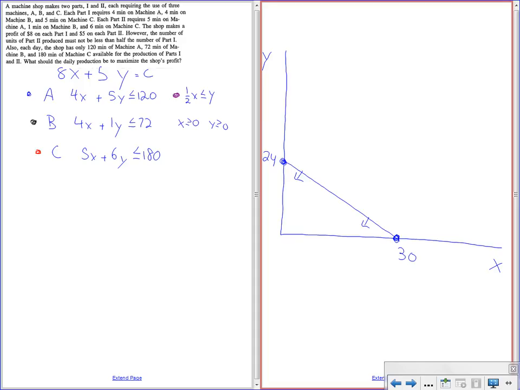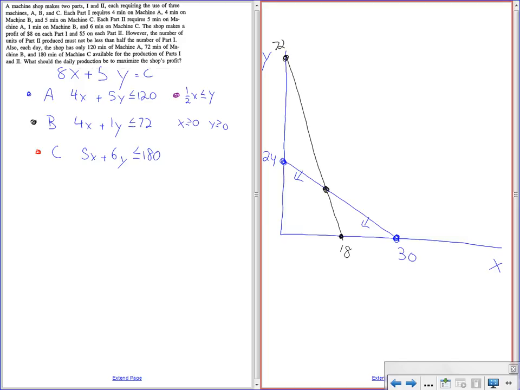Next one, I have a y-intercept of 72 and an x-intercept of 18. What's black? So 18 is a little bit more than halfway. I'll just put 72 on top. Those two lines intersected right there.